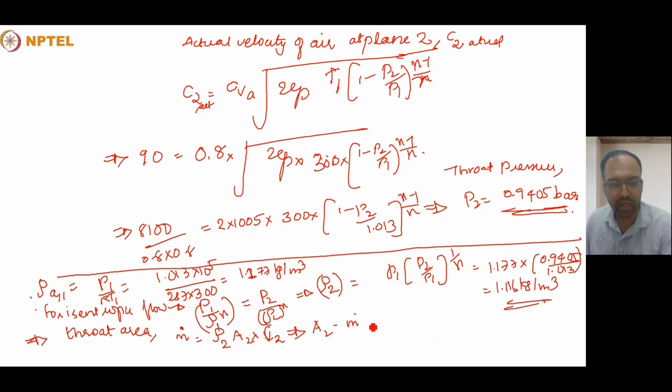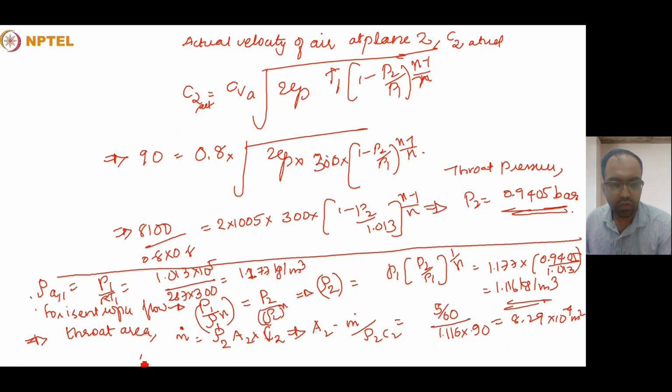A2 is equal to mass flow rate divided by rho 2 C2. That is 5 kilogram per minute, that is 5 by 60 kilogram per second, divided by rho 2, which is 1.116, into C2, which is given in this problem as 90. So we get A2 equal to 8.297 into 10 power minus 4 meters square.